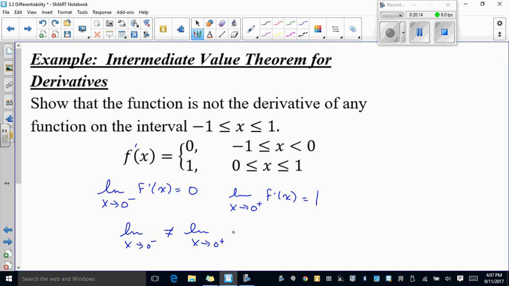therefore, f prime of x is not differentiable on the interval of -1 to 1.